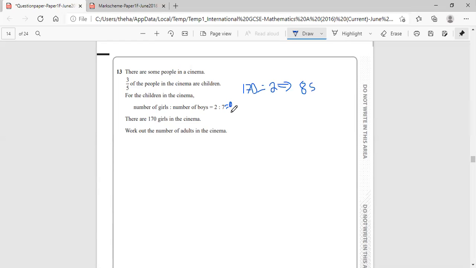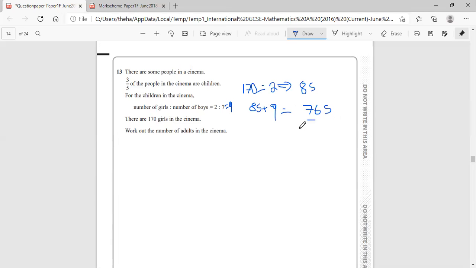So we do 85 times 9, which will give us how many children are in the cinema. So there are 765 children in the cinema.